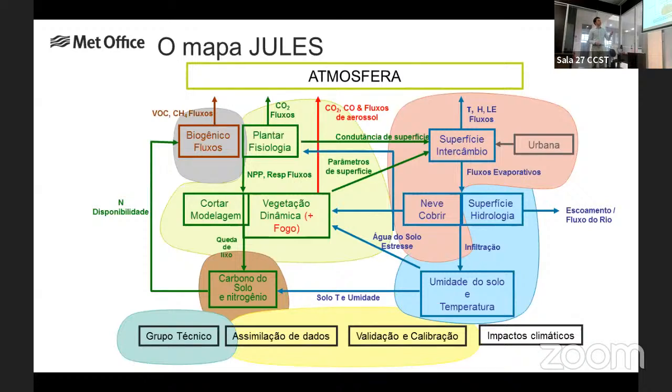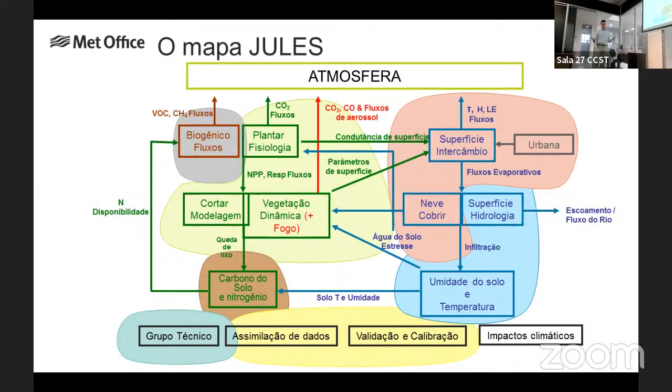You've got your feedback in terms of temperature, latent heat and specific heat as well. You've got your water cycle, and these are the teams which at the Met Office at least work on Jules.